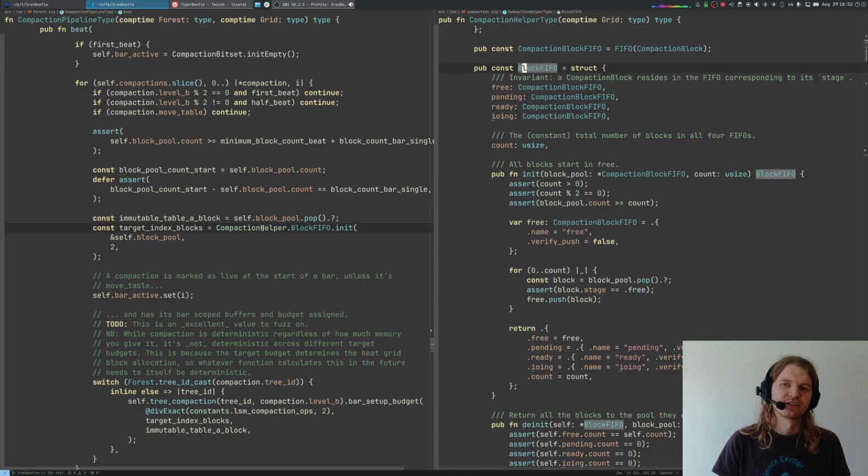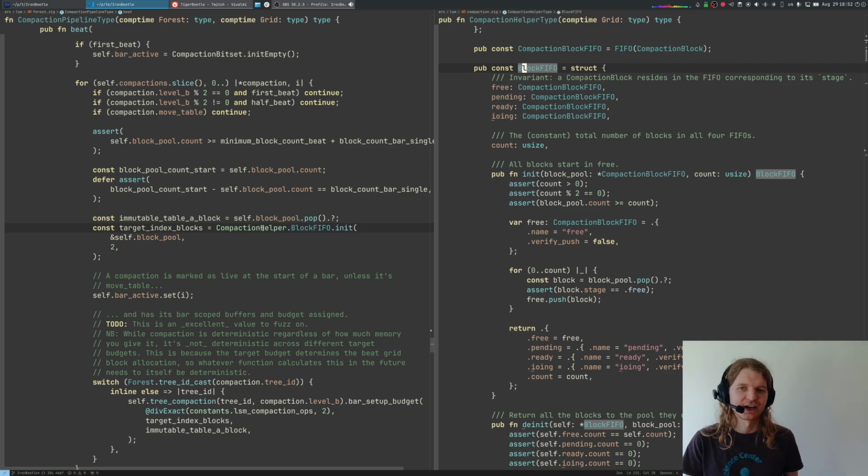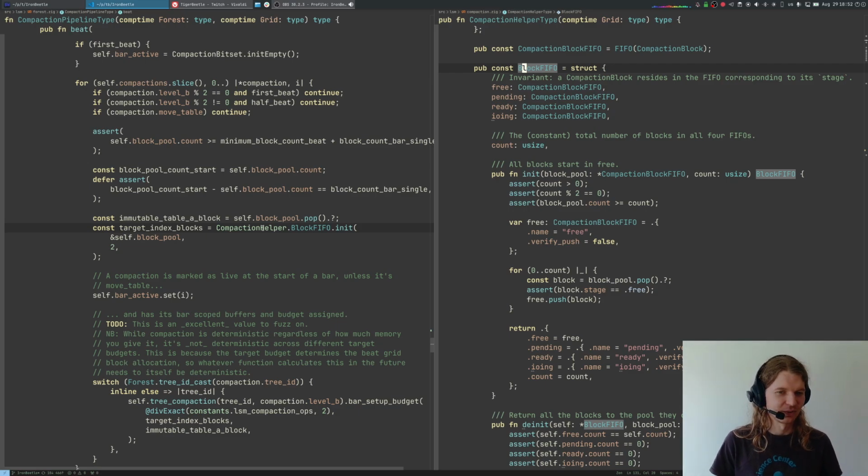So we have block FIFO. Okay, you are seeing how my brains are boiling live because I'm still very confused by this code.